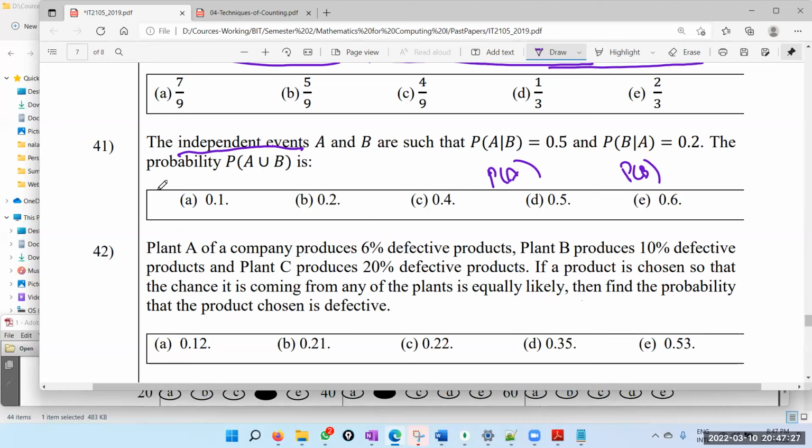Because they say independent, right? What is the answer given? 41. E 0.62.